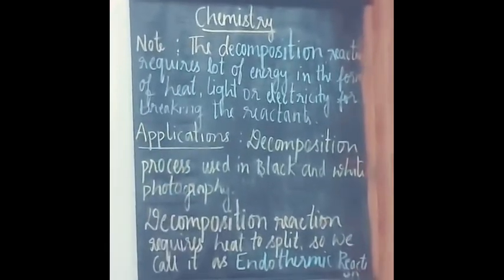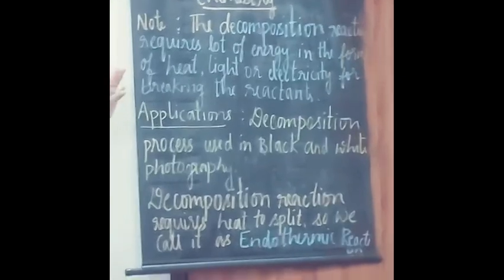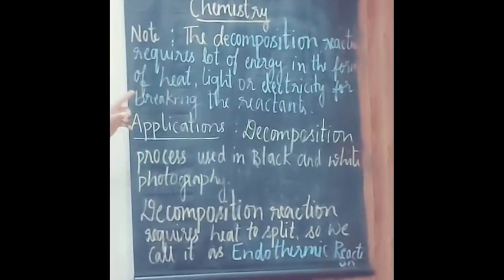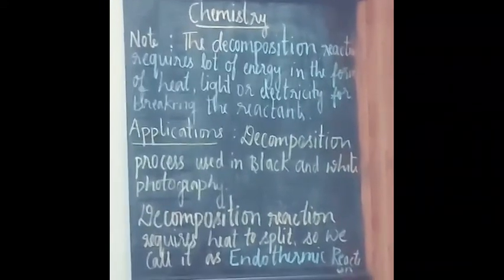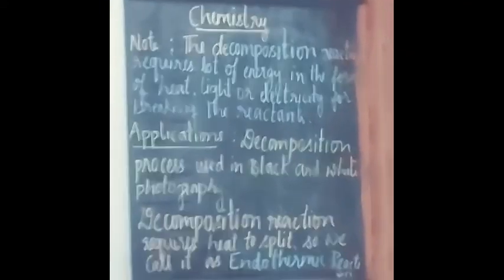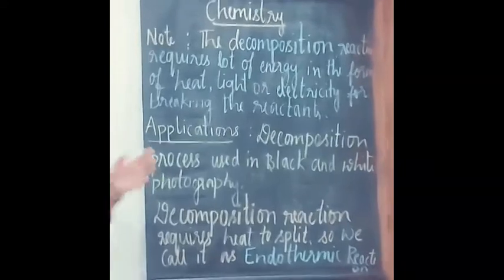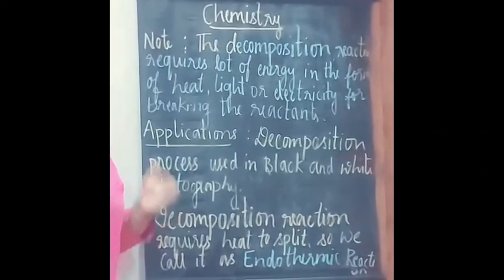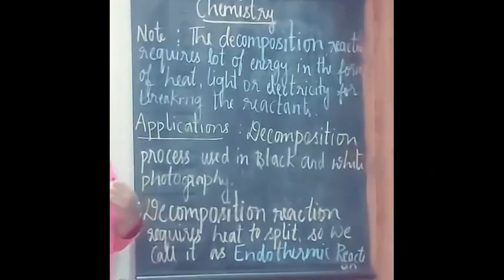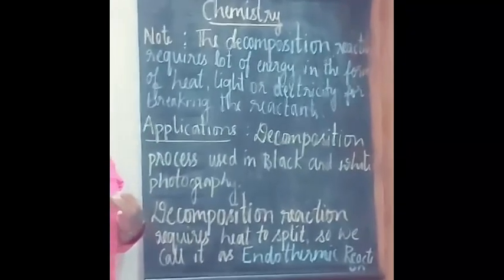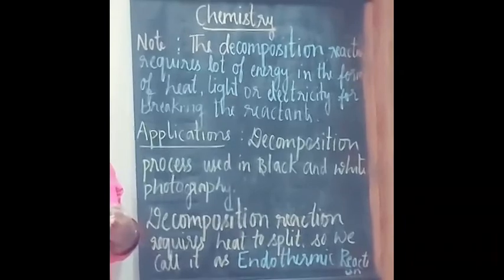Now you have to remember, it's a note. Okay, decomposition requires a lot of energy in the form of heat, light or electricity for breaking the reactant. As I said in the beginning, for a decomposition reaction, what is necessary? Heat or electricity or sunlight.